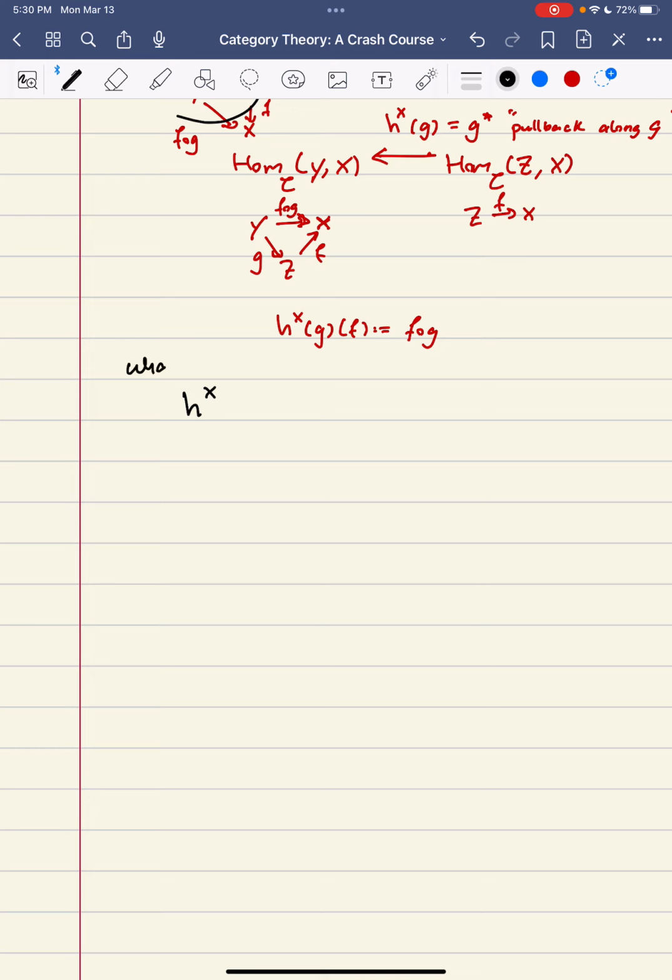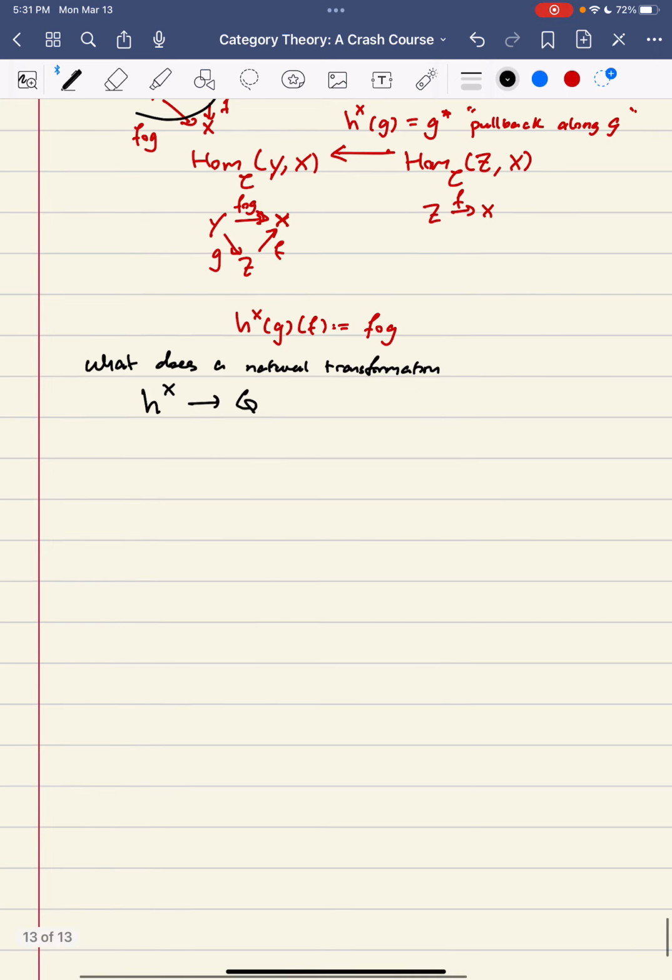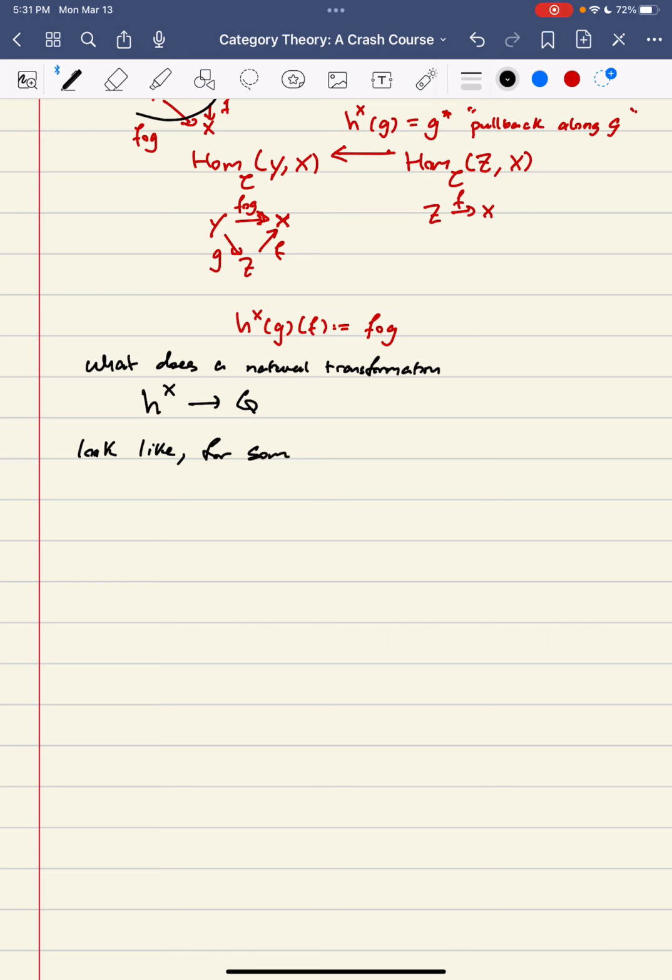What does a natural transformation from something of the form h to the x to some other functor g, some other functor g from the opposite category of C into sets, look like?